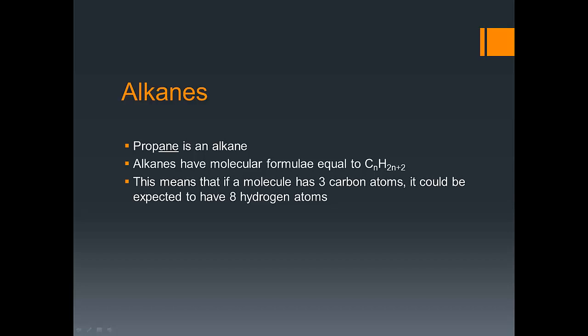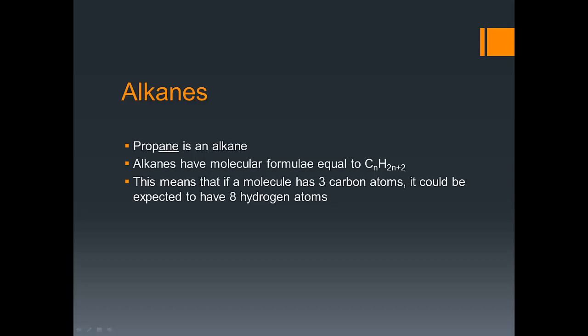What I can tell you is that propane is an alkane. So see, the suffix of the word propane is ane. It's an alkane. And alkanes have the molecular formula CnH2n+2. This means that if a molecule has 3 carbon atoms, it can be expected to have 8 hydrogen atoms. Okay, CnH2n+2.